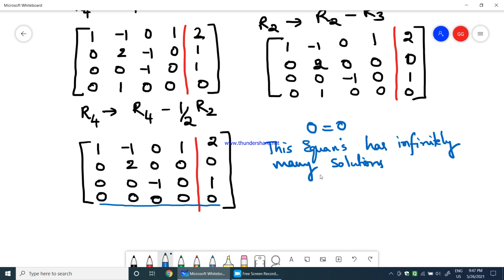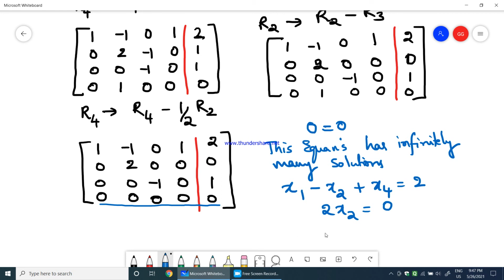So here, in this equation, what we can say is, the first equation would be x1 minus x2 plus x4 equals 2. Second equation is 2 times x2 equals 0.